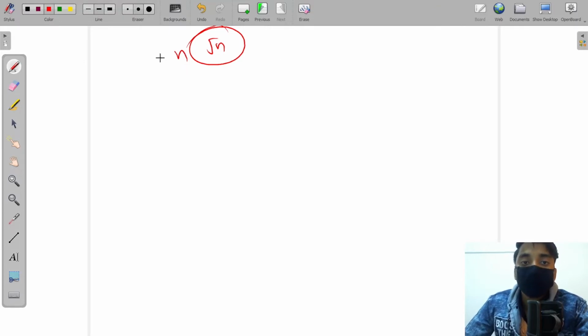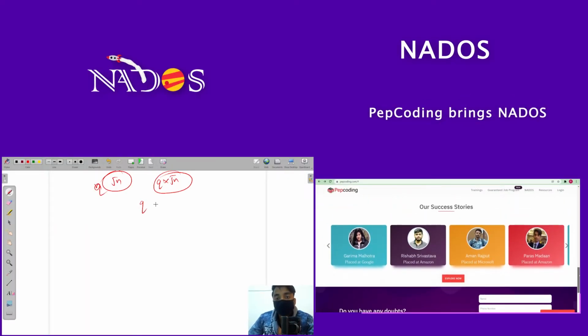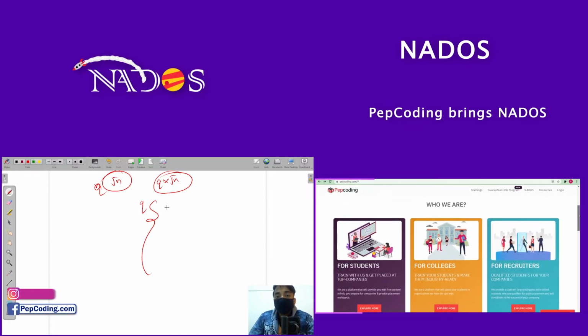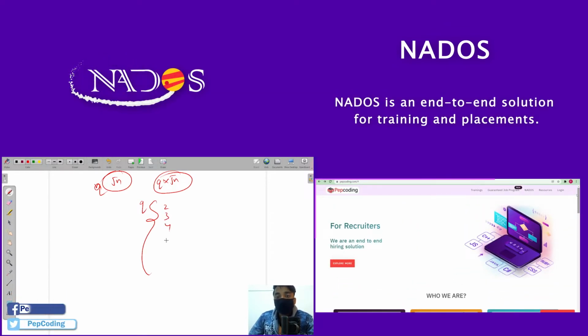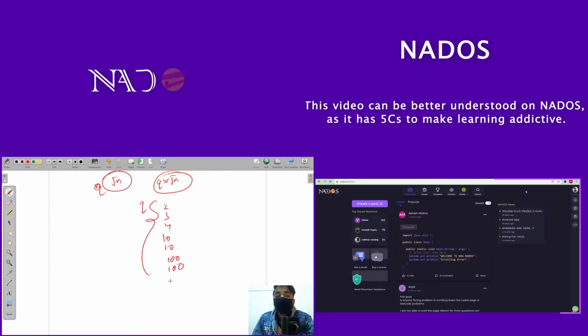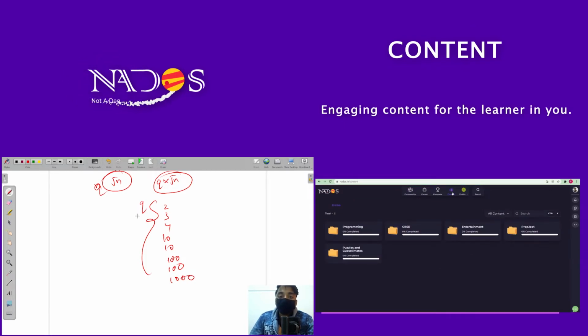So this means, let's say there are q queries, it will take q into under root n time, where these are the queries and the numbers can be repeated, like 2, 3, 4, 10, 10, 100 again and again, 1000. So these are q queries for finding all the numbers.